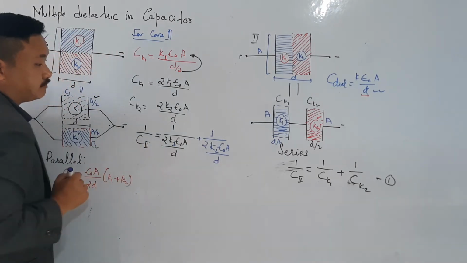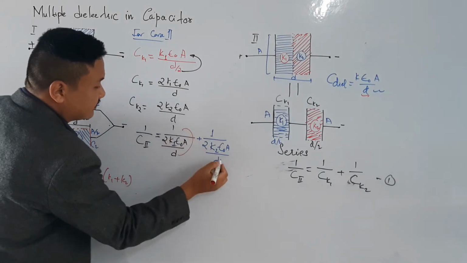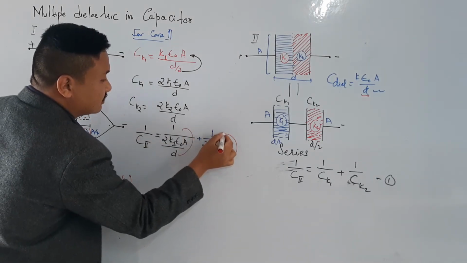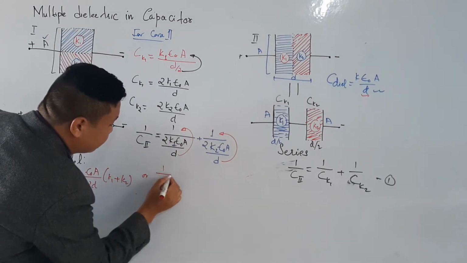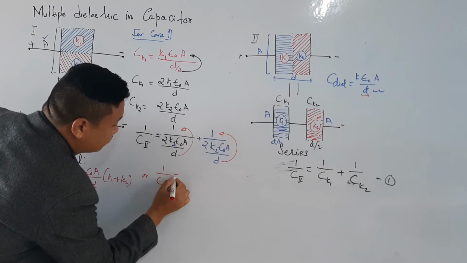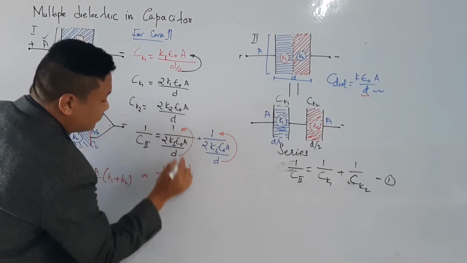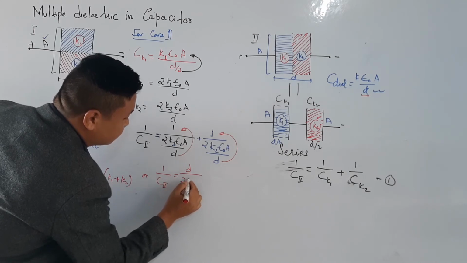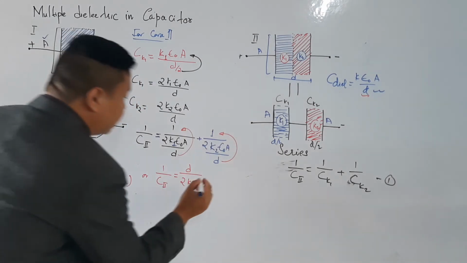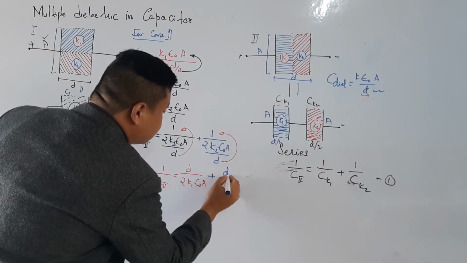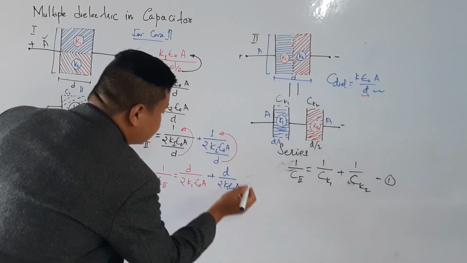Now this D will go here, and this D will also go here. Taking the multiplicative inverse, 1 by C2 is equal to D divided by 2 K1 epsilon naught A plus D divided by 2 K2 epsilon naught A.